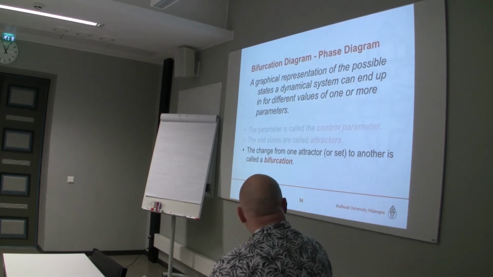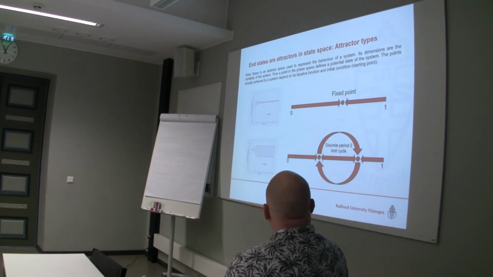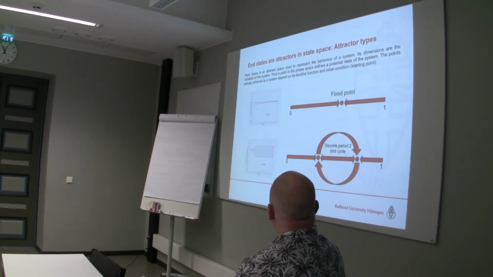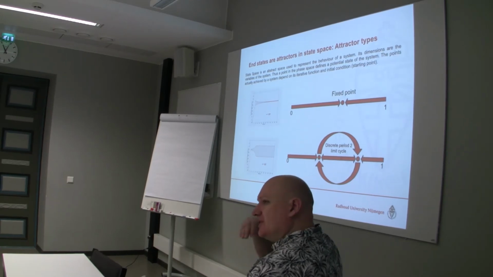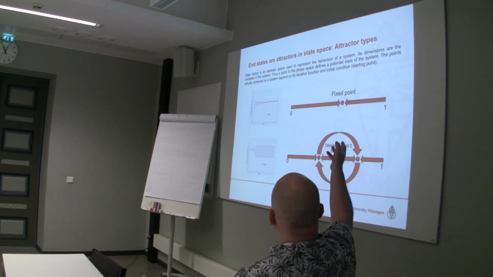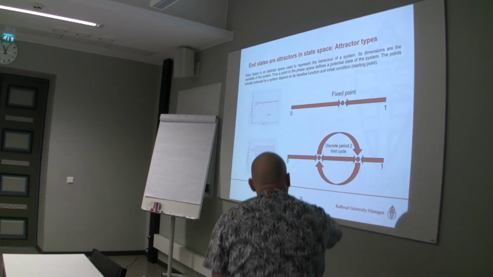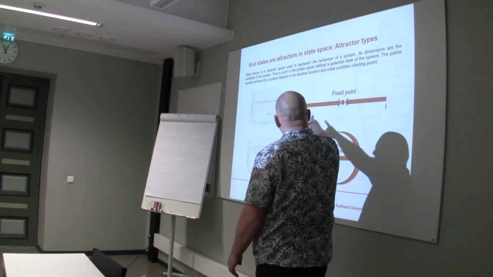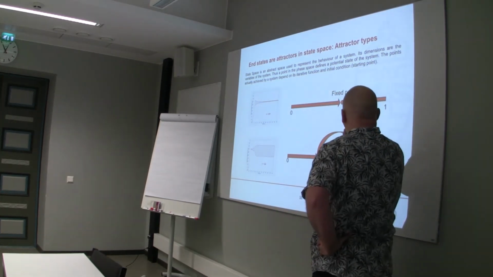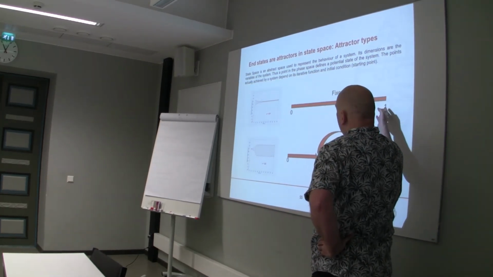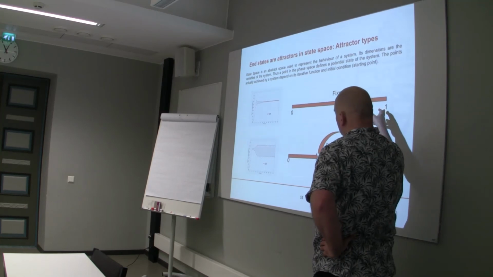Okay, and there are different types of attractors. So we've seen if it goes into one steady state, we would call this a fixed point. And the way to actually write this down graphically for one-dimensional systems is like this. So in this case, it's a stylized logistic function.